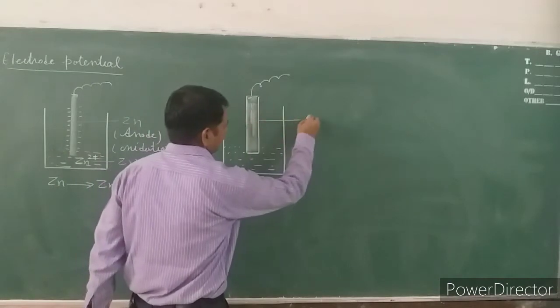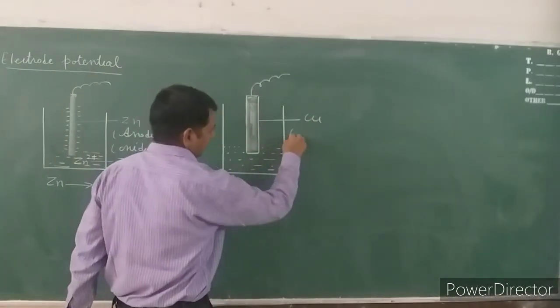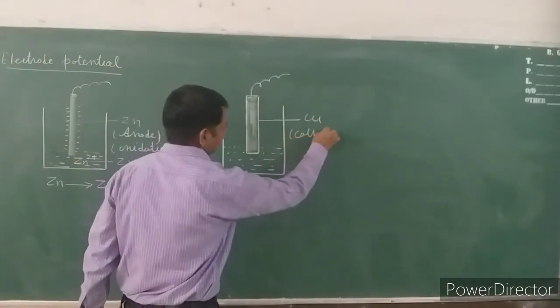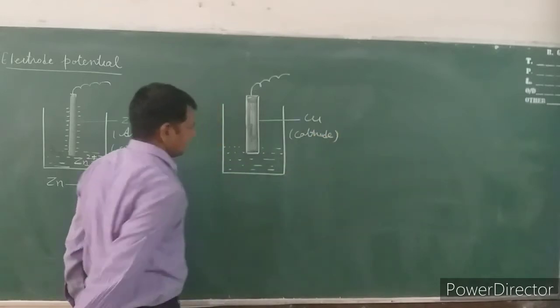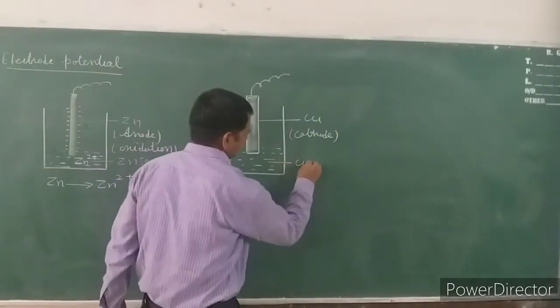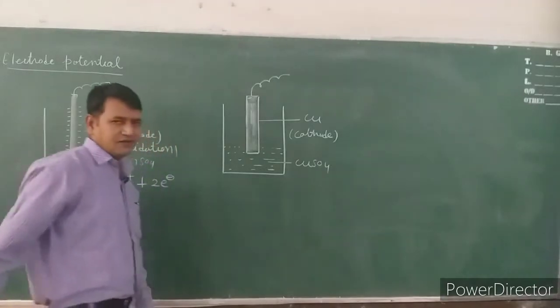Suppose this is made of copper, and we know that copper generally works as a cathode, and it is dipped in copper sulfate.